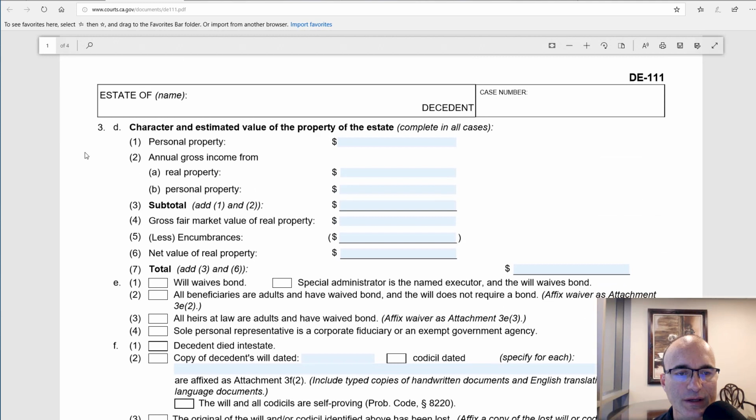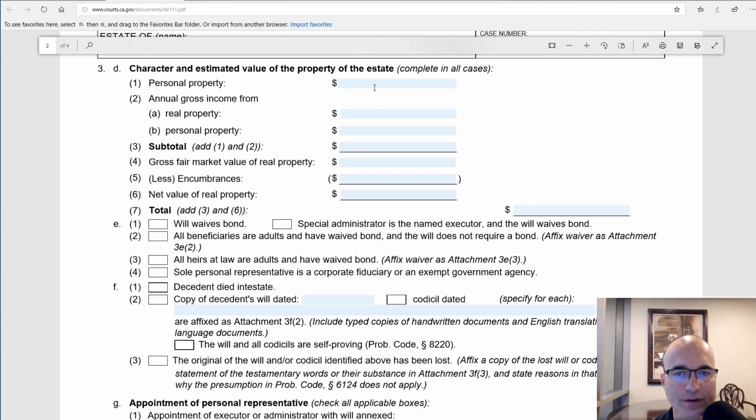Moving on to the second page, we now are going to fill in some very basic information about the value of the property. A lot of times people get a little concerned about filling this in because they think, well, I don't really know what the property is worth. I don't know how much the property will appraise for. This doesn't have to be exact. You're going to do an inventory and appraisal once the estate is open.